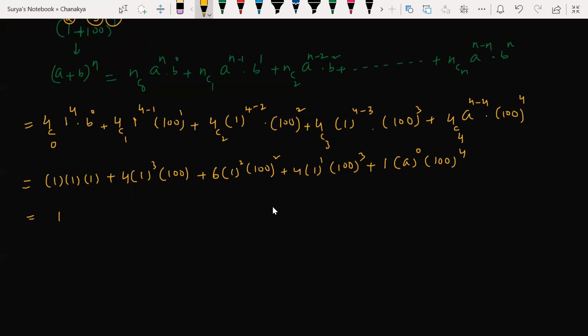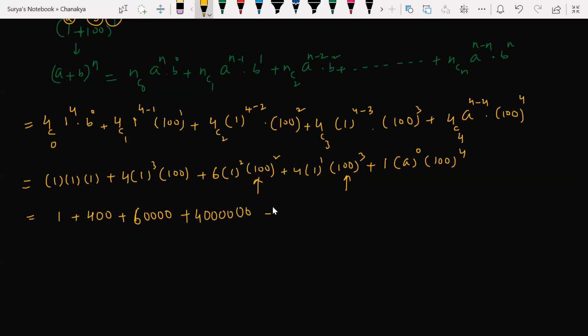Okay, so 1 plus 400 plus, here 100 square is what? 100 square is 10,000. 10,000 into 6, so 60,000. Plus here 10 cube is what? 10 cube is nothing but 10 lakhs. 10 lakhs into 4, 40 lakhs. 40, 1, 2, 3, 4, 5.